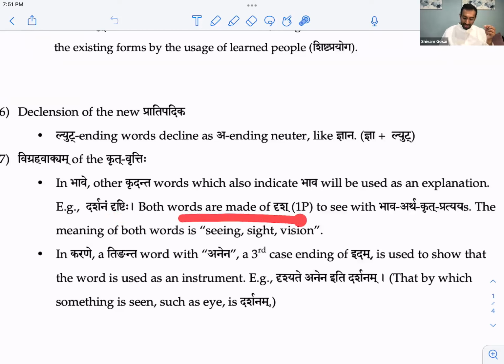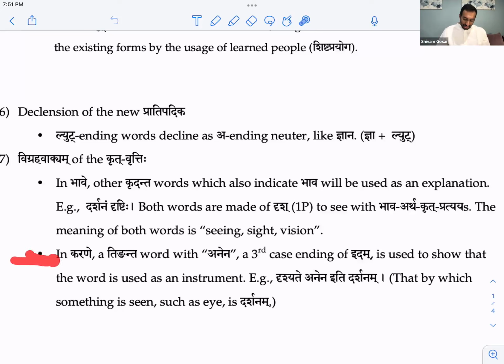So both words are made up of drish, to see, with different krit pratyayas which are in the sense of bhava. The meaning of both words is seeing, sight, vision, and so we can use these words interchangeably. What's difficult right now is we're only seeing this first one. We haven't seen the other ways of making this, so it's going to be hard on our own to make these right now. We can come back and do some of this.